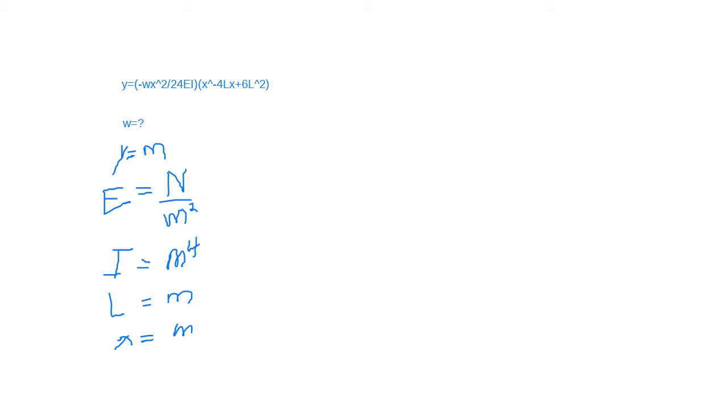So if I write it out, negative W x squared, times x squared minus Lx plus 6L squared.